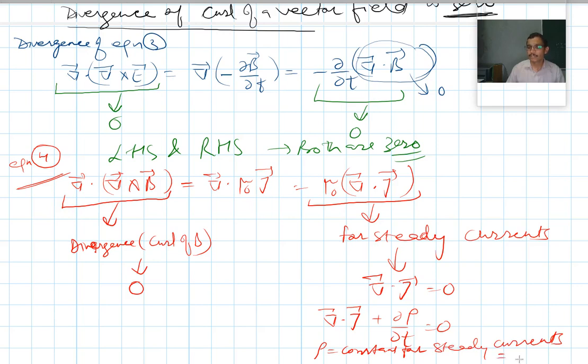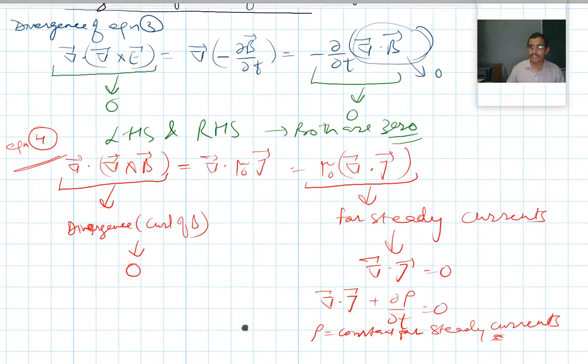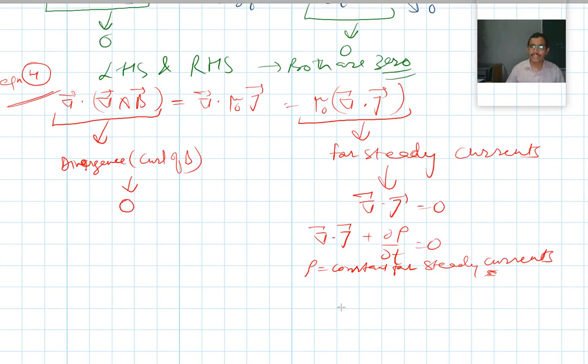It means that del dot J will be 0 for steady currents.